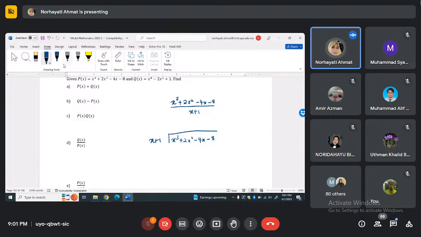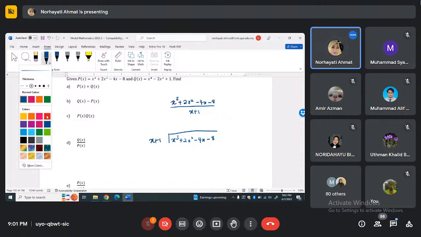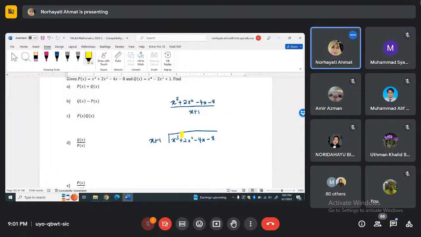Okay, we start with this variable, x cube, and in the denominator we have x. So we need to multiply an unknown with x so that we get x cube. The answer is x square, because x square times x gives us x cube.